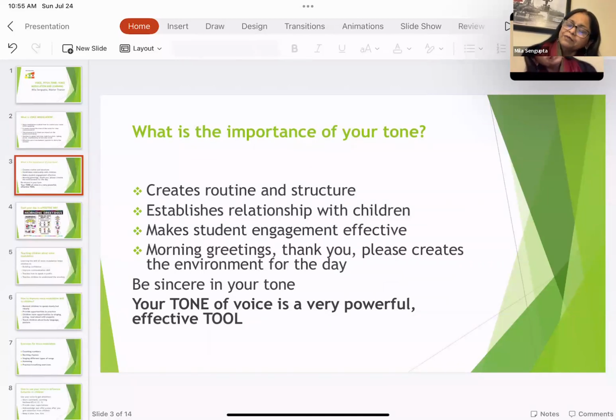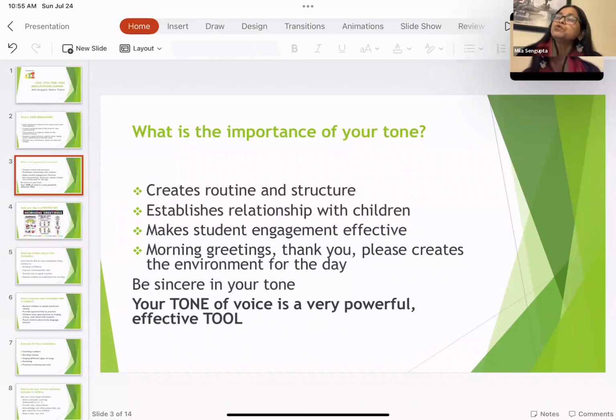It also helps us to establish and retain that warm bonding and relationship with children, because the way we effectively talk to the children helps us maintain that relationship, providing children that comfort, that assurance, that acknowledgement that we do every day, which helps us keep that bonding alive. And that helps us immensely to make our teaching and learning effective as well.